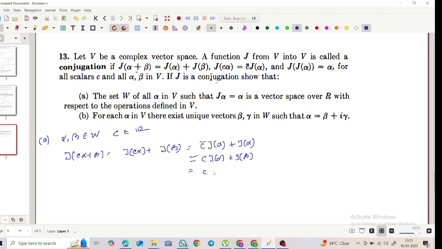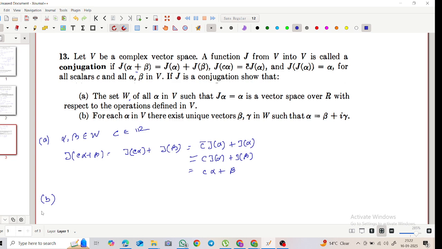And J alpha is alpha and J beta is beta, because that's how W is defined. So W is a vector space, a real vector space, okay?